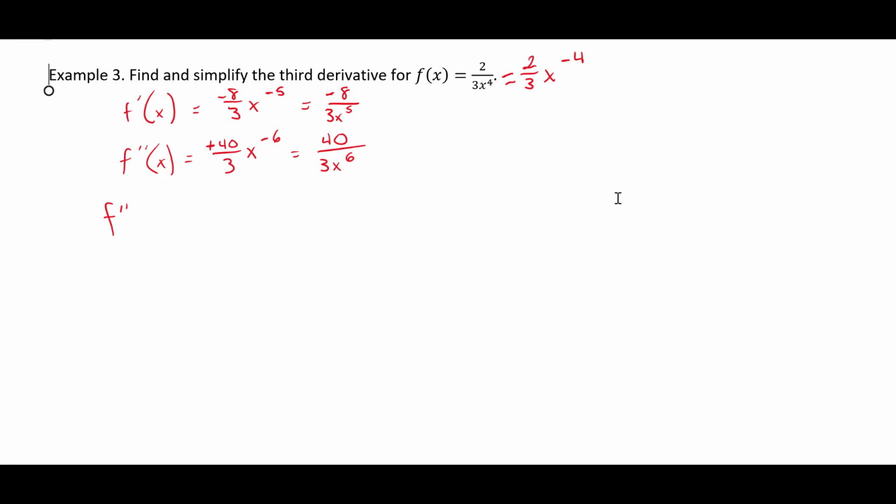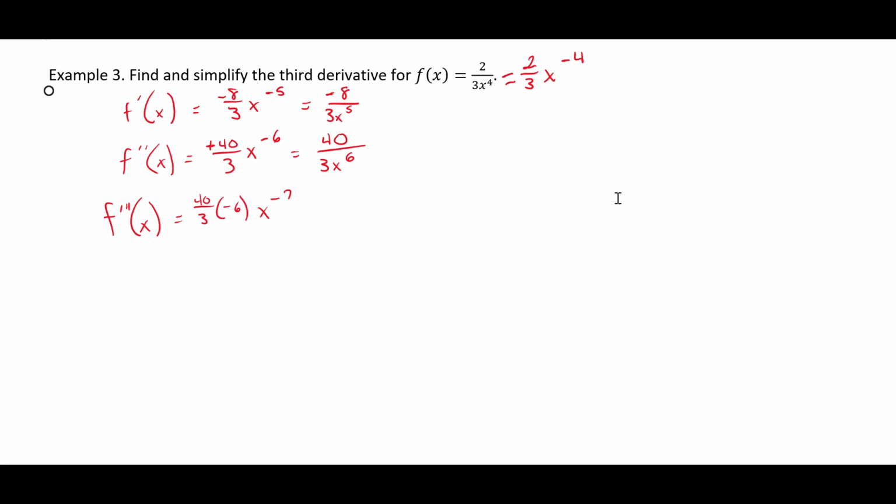And one more time now to get to the third derivative. So f triple prime of x is equal to, now same idea, 40/3 times -6, x to the -7th. Now the reason I went ahead and wrote this out makes it a little bit easier to see. We can cancel before we do the actual multiplication, right? Why would you want to multiply 6 times 40 and then divide by 3?